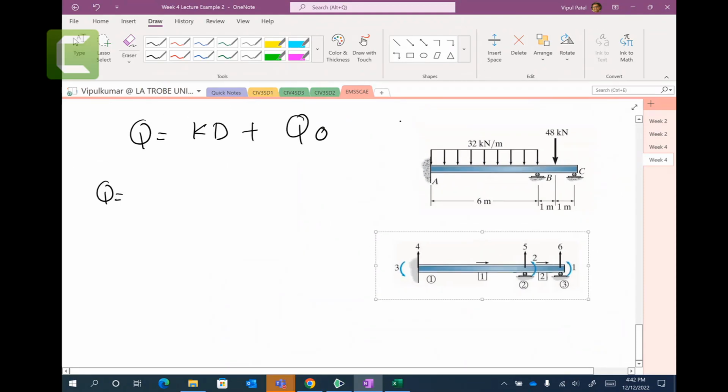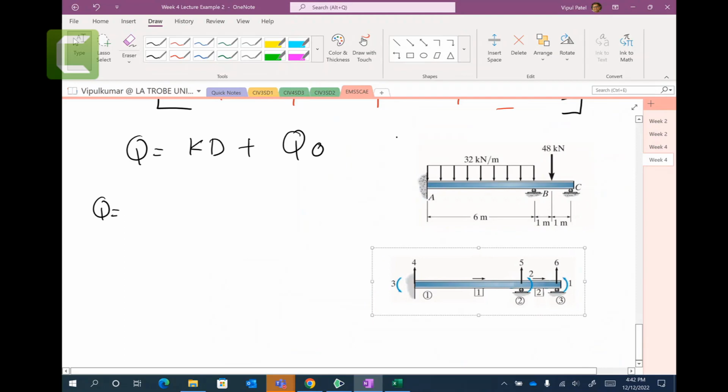All right, in here, you can look at that. You have number one, which is a degree of freedom. There is no load here, and number one is a free degree of freedom. So at the free degree of freedom, you have 0 force.